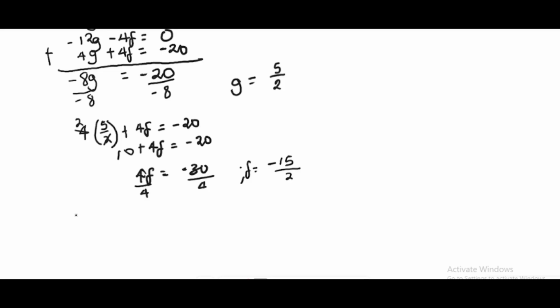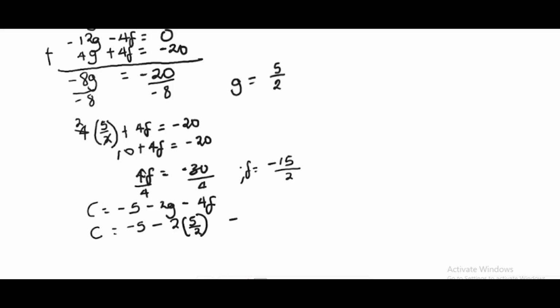All right. But then remember that equation that says that C is equal to minus 5 minus 2G minus 4F. So substituting the values of G and F here, we'll have minus 5 minus 2 into 5/2 minus 4 into minus 15/2.